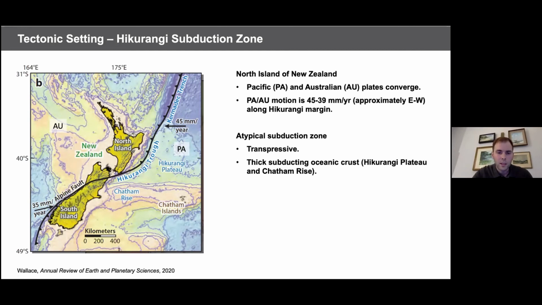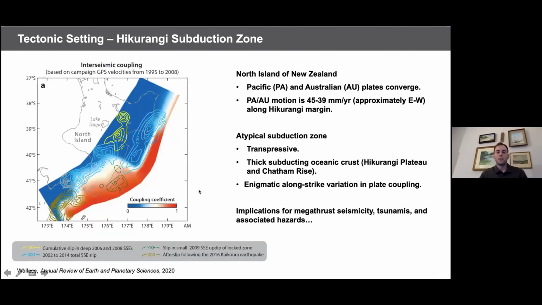This thickness actually increases further south of the Chatham Rise, and that's what's resisting subduction beneath New Zealand further south of Hikurangi here.